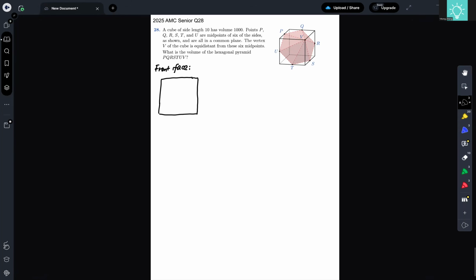And this top right corner is V. U and T are the midpoints, and they form sort of a triangle like this. The side length is 10, which is why these two become 10, and because they are midpoints, 5, 5, 5, and 5. And of course, we have right angles in a square, so we can use Pythagoras' theorem now.